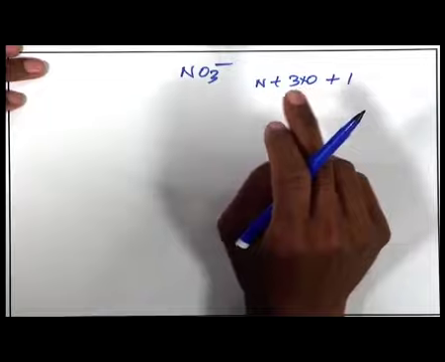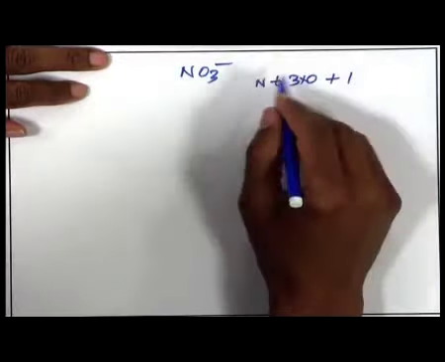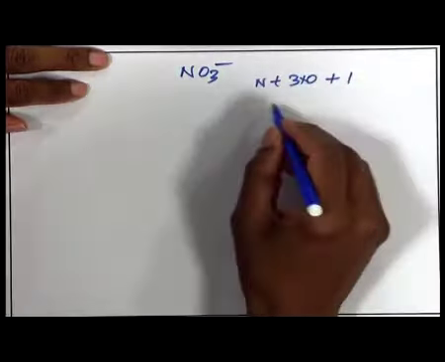One has to keep in mind that whenever there is a positive charge on a species, that means 1 electron is less. Whenever there is a negative charge, 1 electron is more, which is to be added to the actual valence electron count.